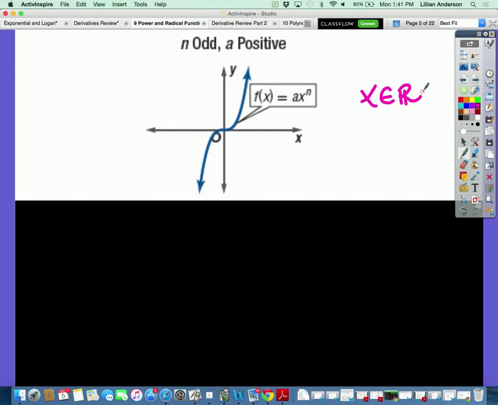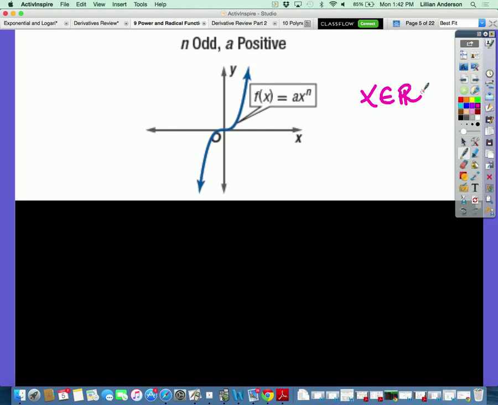No, it's only increasing. Reading from left to right, I'm going up. So increasing from negative infinity to infinity. And you see your end behaviors are already written down there for you. Your left end behavior would be negative infinity, and your right end behavior would be positive infinity. All odd power ones look like this.